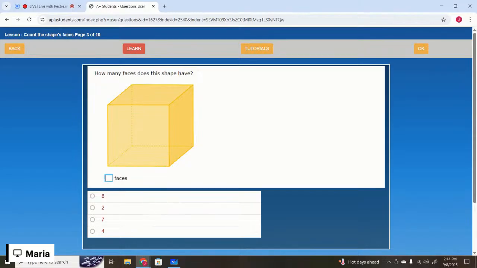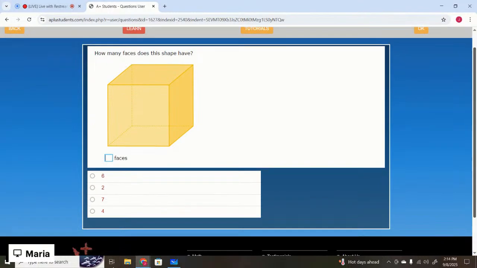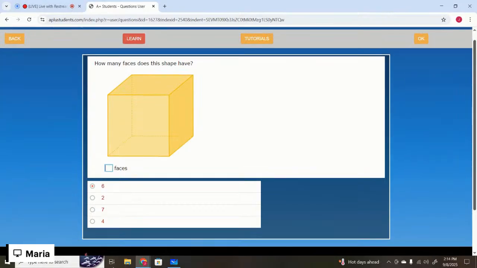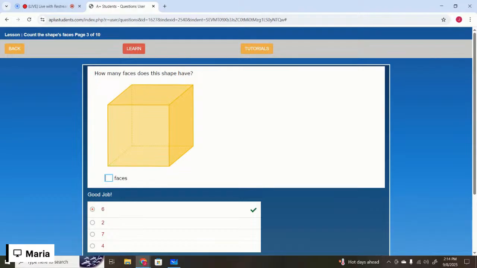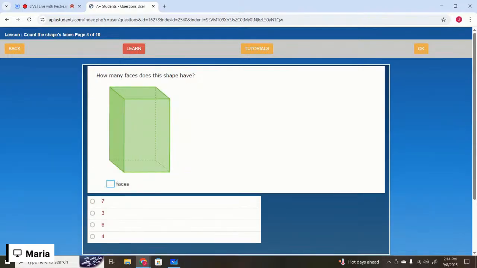How many faces does the shape have? The shape has six faces. Option number one is the correct option. How many faces does this shape have?